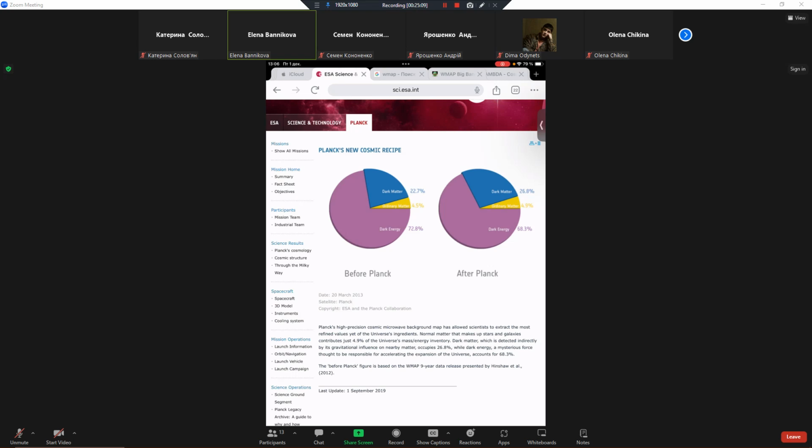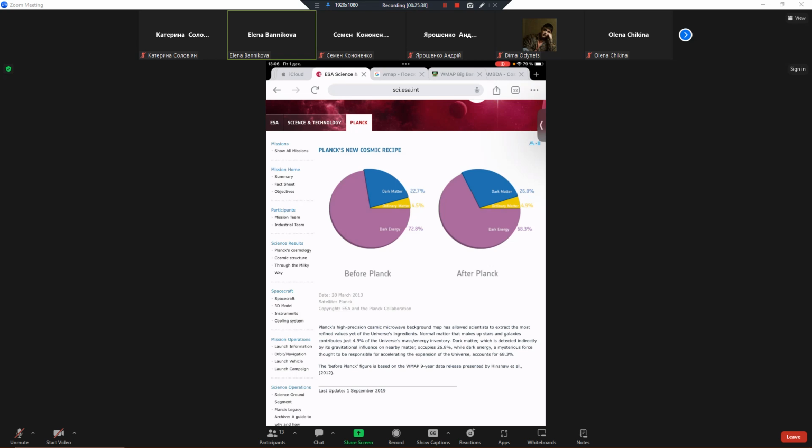But we can see that it moves in a strange way, much faster, and it tells us that something is present. Or, for example, we look at the gravitational lensing effect, and we can see that the galaxy between the source and us has much more mass than we can see in the optical band, including other bands. So this is the point.